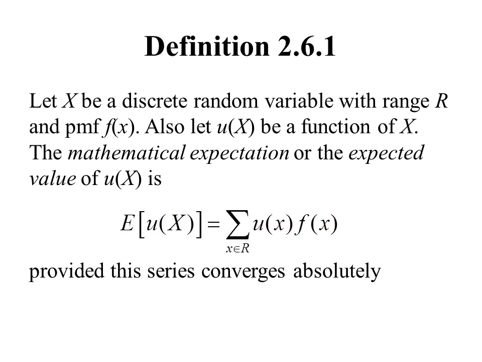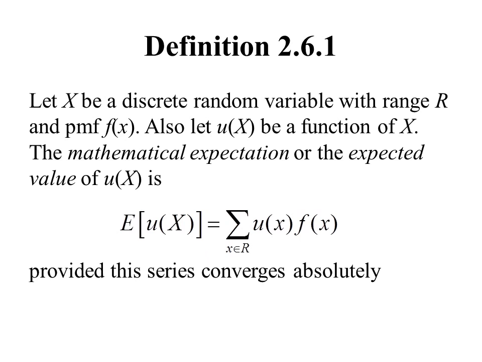It says let x be a discrete random variable with range R and PMF f. Also let u of x be a function of x. So u is not the same thing as mu. u is just the name of a function. The input is this random variable x. The mathematical expectation or expected value of u of x is denoted E of u of x, and it says we take each value of u times the associated f of x and add them up, and we're all done.